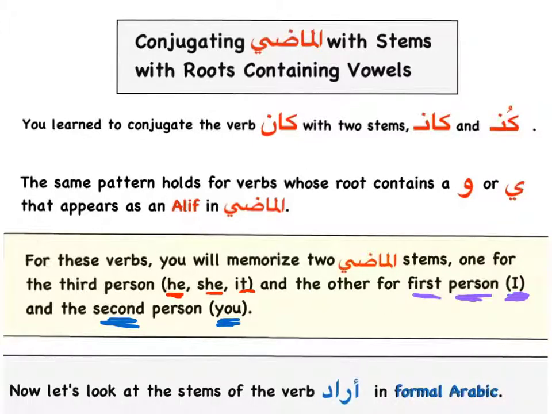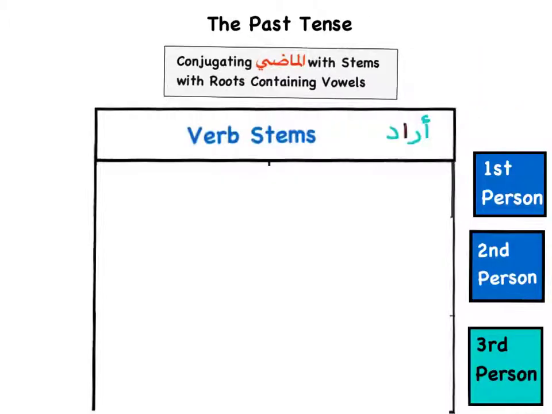Now let's look at the stems of the verb أراد, to want in formal Arabic. We have arada. We're going to conjugate it with first person, second person, and third person, and we're going to see how we use the verb stems with the suffixes with roots containing vowels.